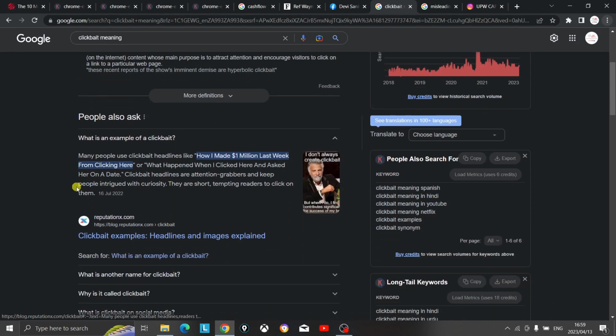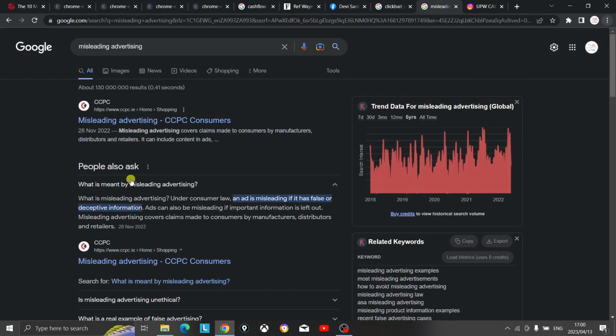So it has multiple situations or multiple examples. Now look at this. What is an example of clickbait? Many people use clickbait headlines like how I made $1 million last week, click here, right? Let's look at misleading advertising. An ad is misleading if it has false or deceptive information.